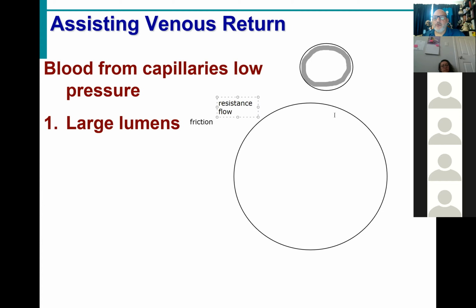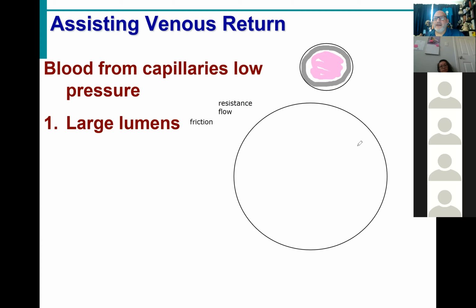So when you think about the amount of blood that is in direct contact with the artery or vein versus the amount of blood that is not in direct contact, compare it to a larger blood vessel.